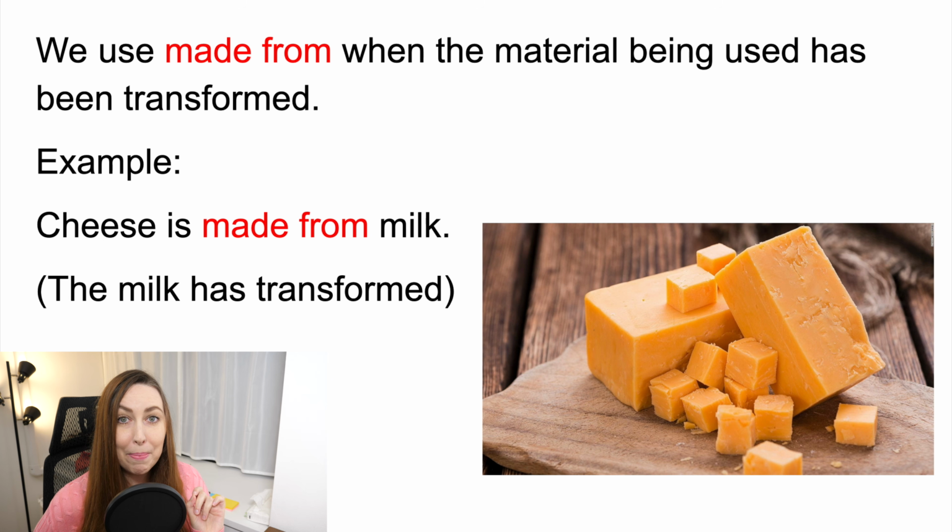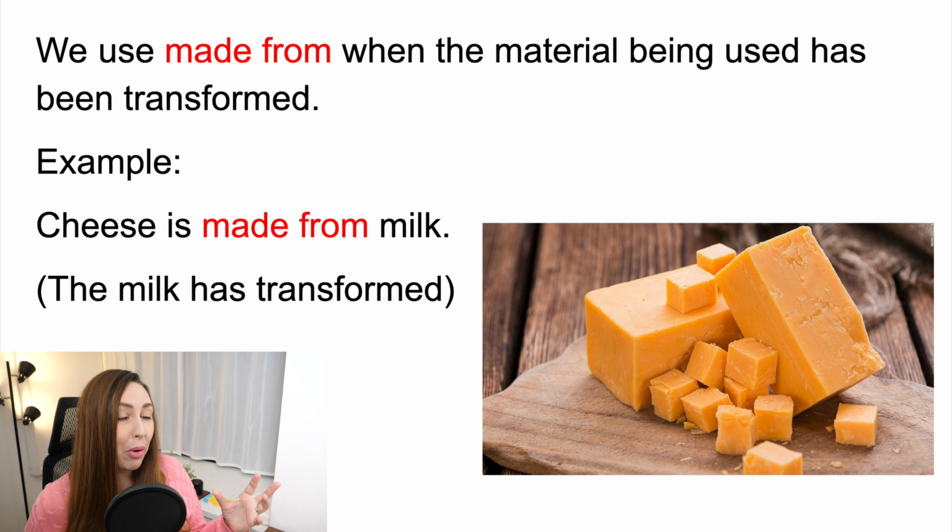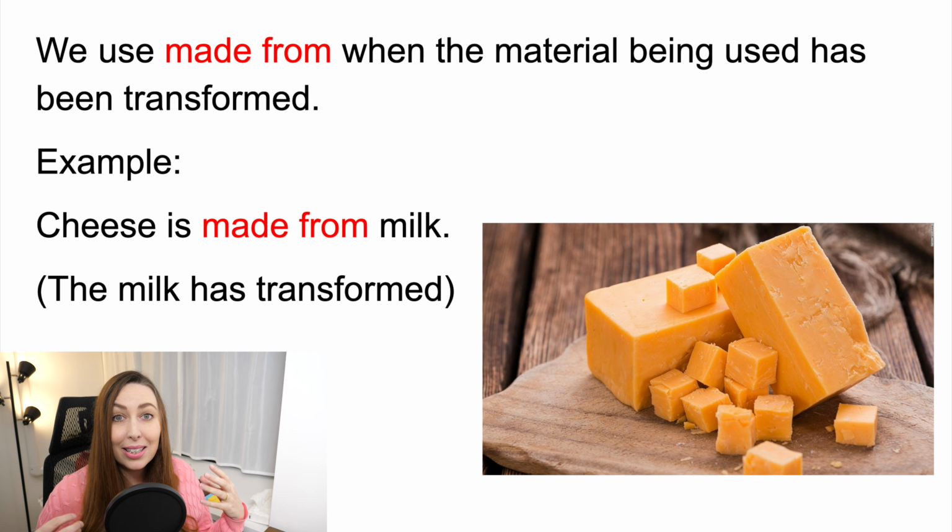Okay, here we have made from. We use made from when the material being used has been transformed, okay? It has been changed in some way. So we have an example here. Cheese is made from milk. So the milk has been transformed. The milk has transformed, right?